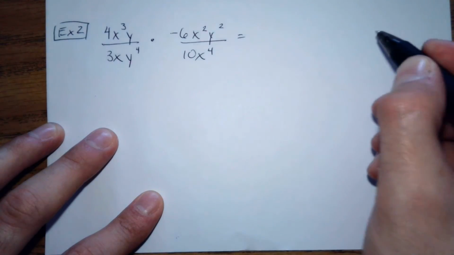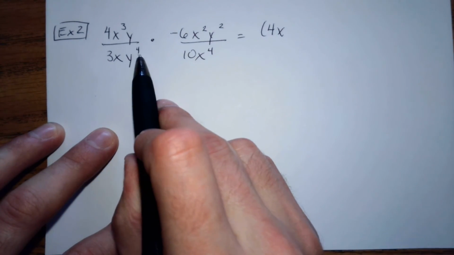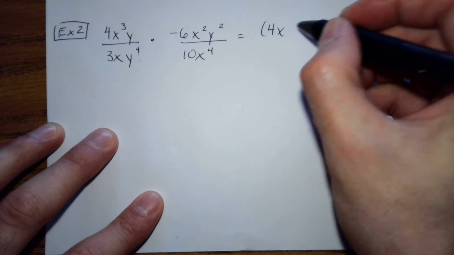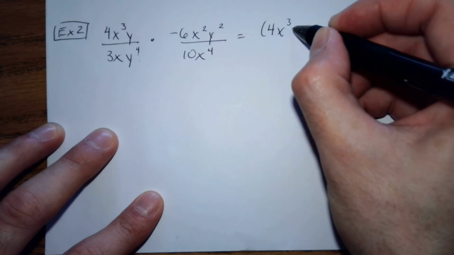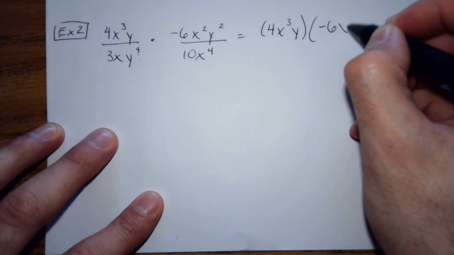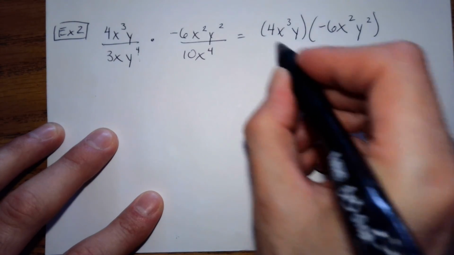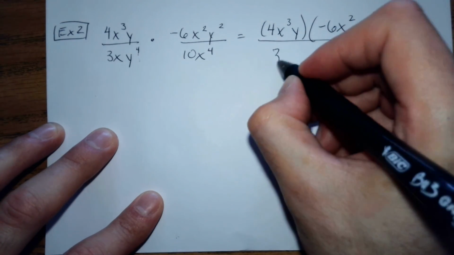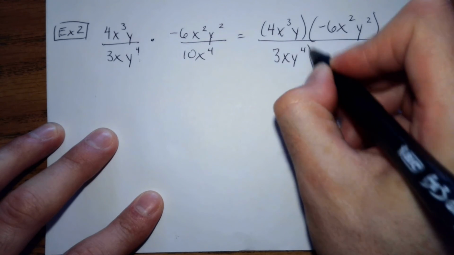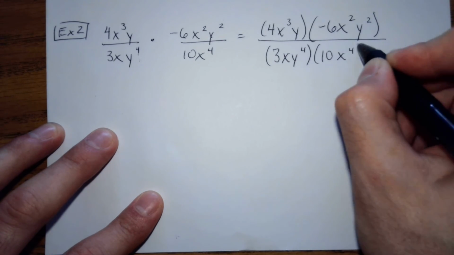So this, y to the fourth, yeah. 4x cubed y, negative 6 x squared y squared, 3xy to the fourth, 10x to the fourth.